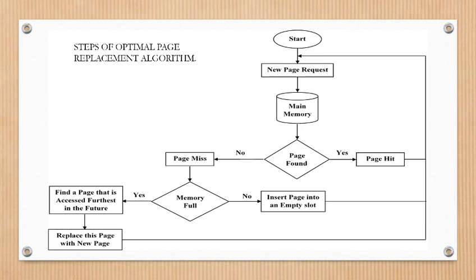If the page is not found, then it goes to page miss, where if the memory is full, it finds the page that is accessed furthest in the future and replaces it with the new page. If not, it inserts the page into an empty slot. This is all about the flowchart.